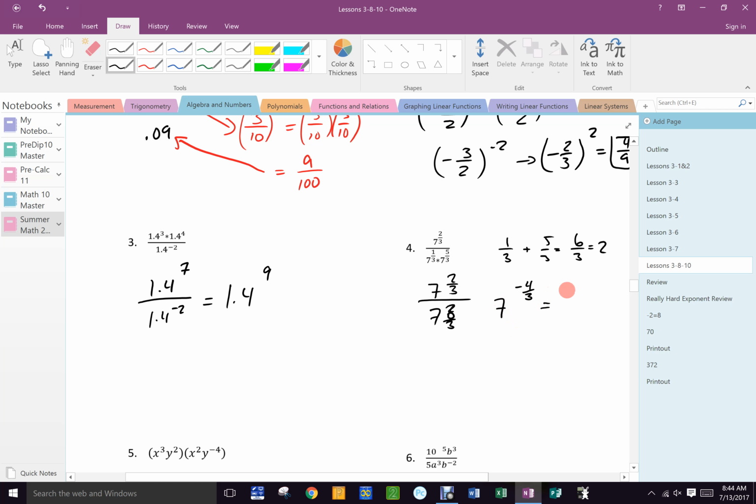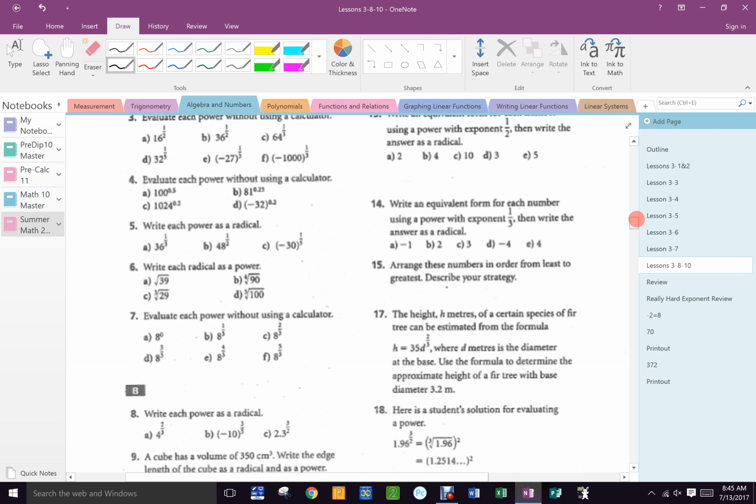So it's going to become 1 over 7 to the positive 4/3, yes? Now, what do we do with a fractional exponent? Where does the denominator go? To the... No, guys. We just did this 30 seconds ago.